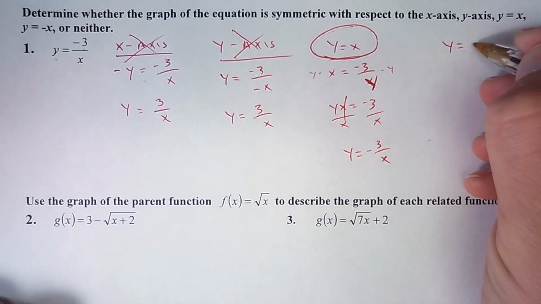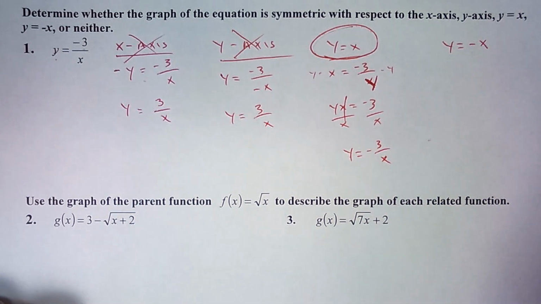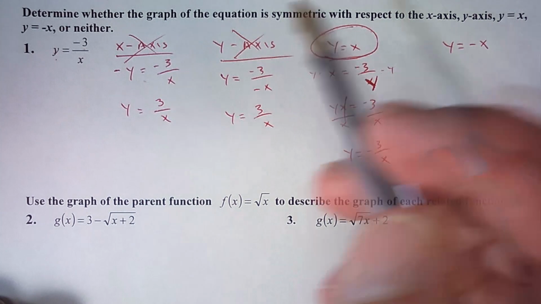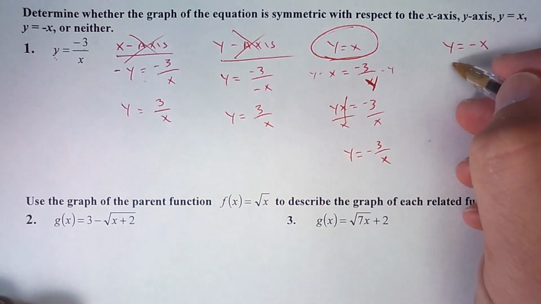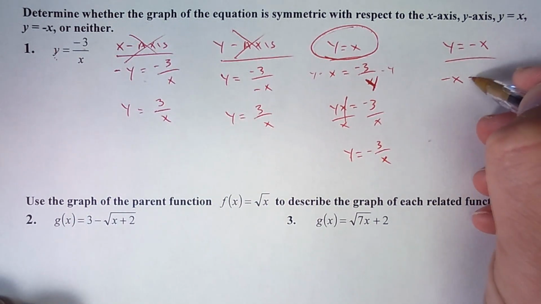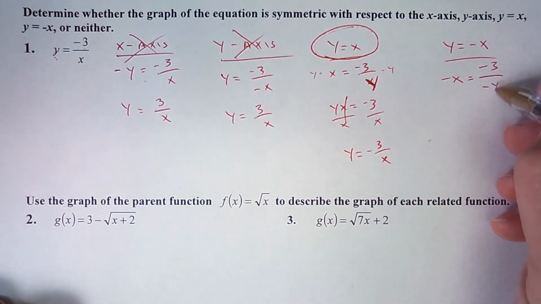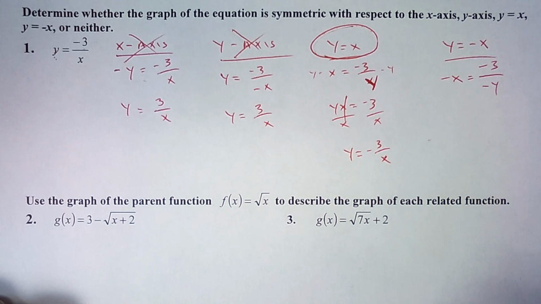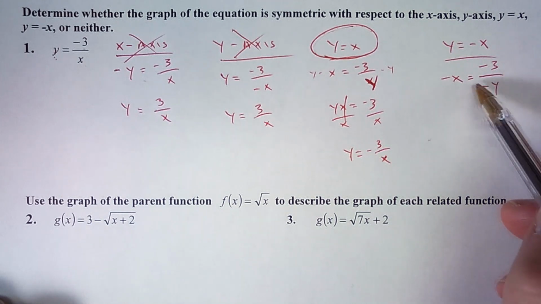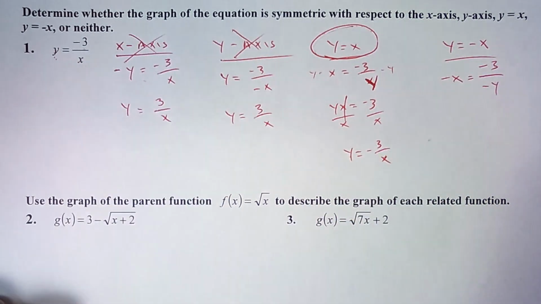How about y equals negative x? So if y equals negative x, then x also equals negative y. So I can take this y and make it negative x. And I can take this x and make it negative y. Now, can I algebraically make this match the original?